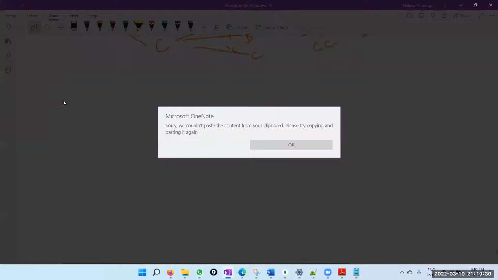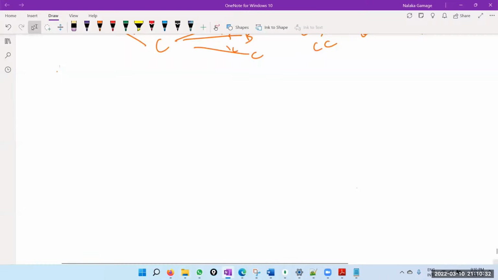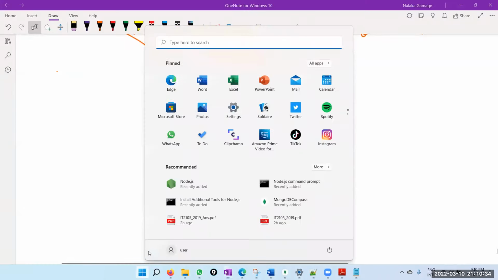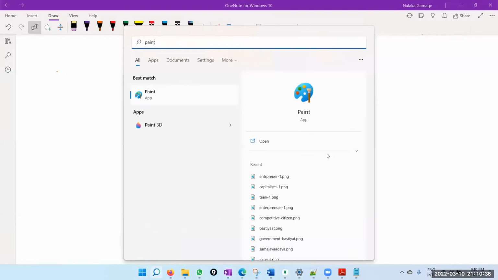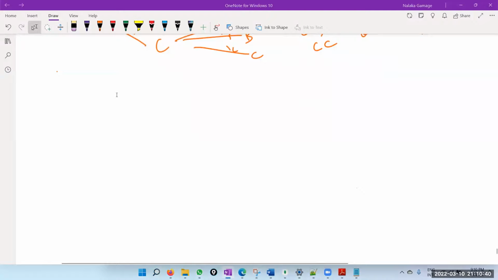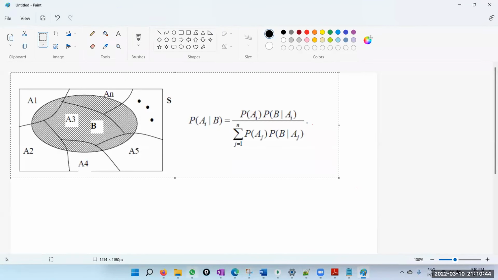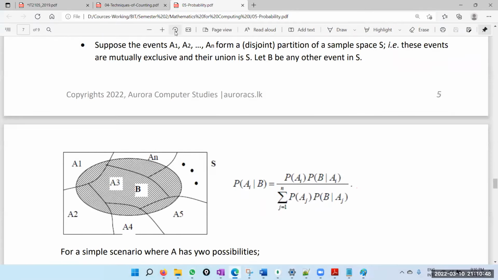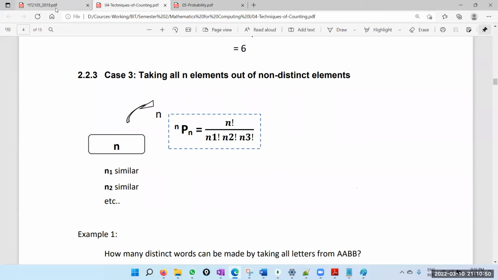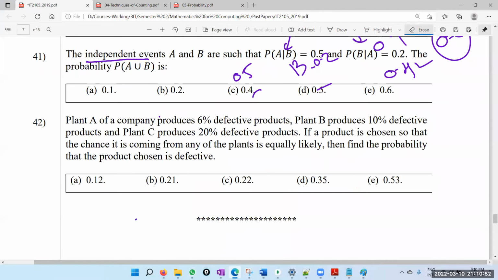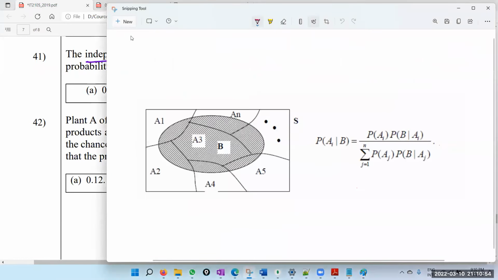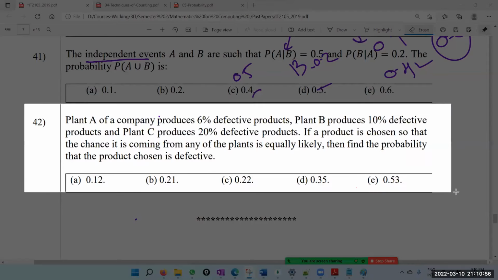Okay, can't paste. Why? Let me paste it to Paint. Right, so this is Bayes theorem, and let's copy the question. And then we'll see whether we can see the similarities. This is the question, okay?